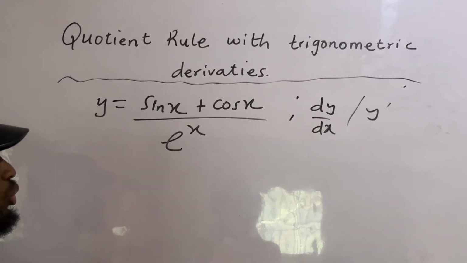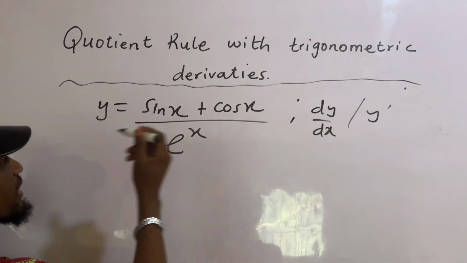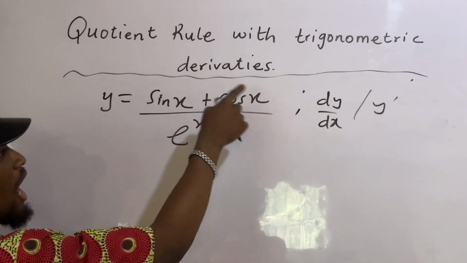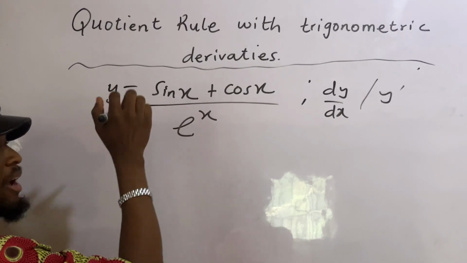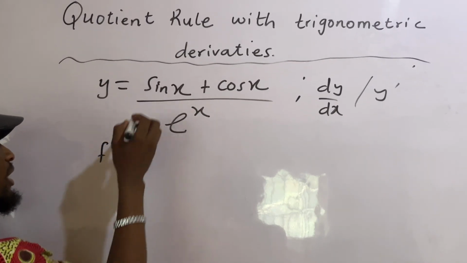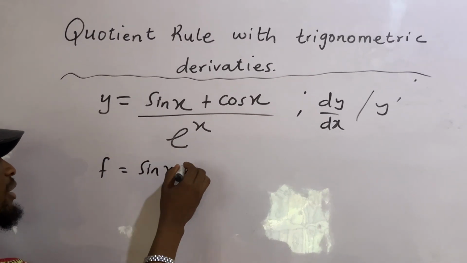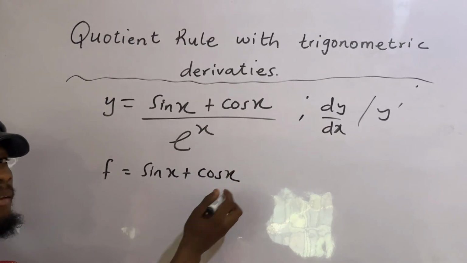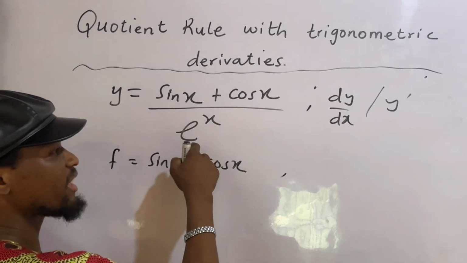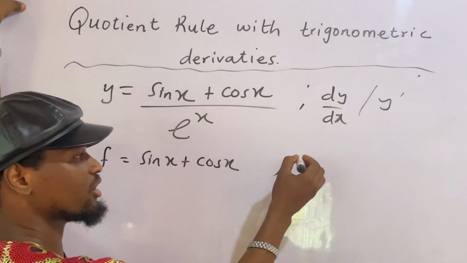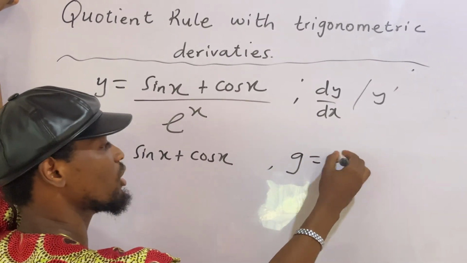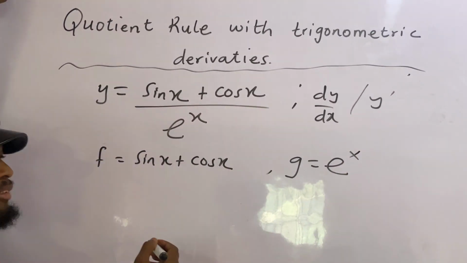In the quotient rule, the numerator is always our f. So f here is sine x plus cos x, and our denominator is our g function, which is g equals exponential x.